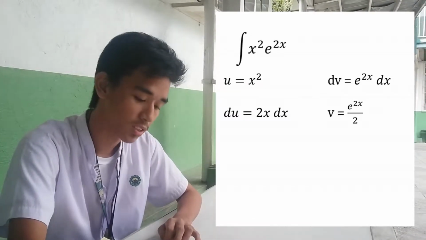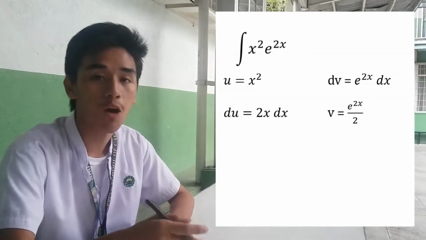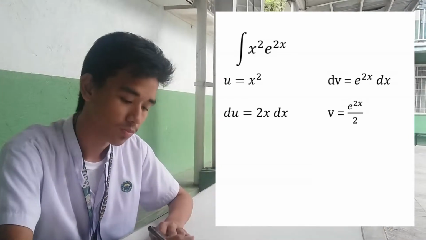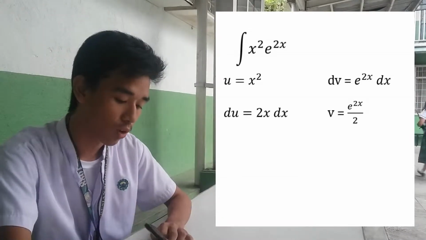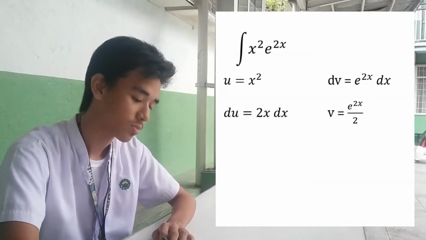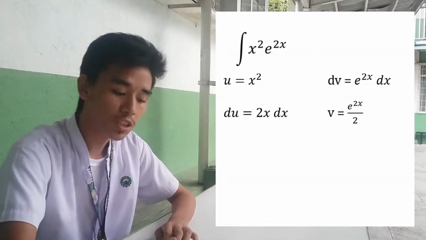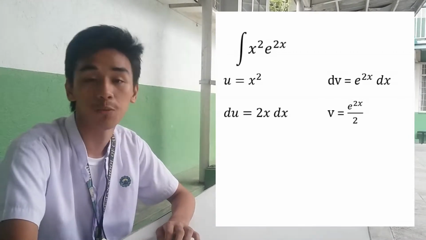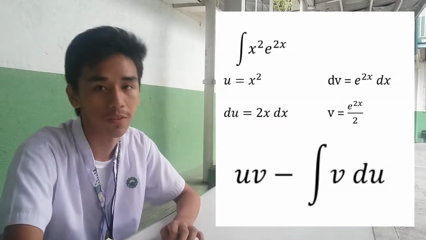The next step is that e raised to 2x will be our dv, and the integral of e raised to 2x is e raised to 2x over 2. After getting the set of values, substitute them into the formula uv minus integral of v du.